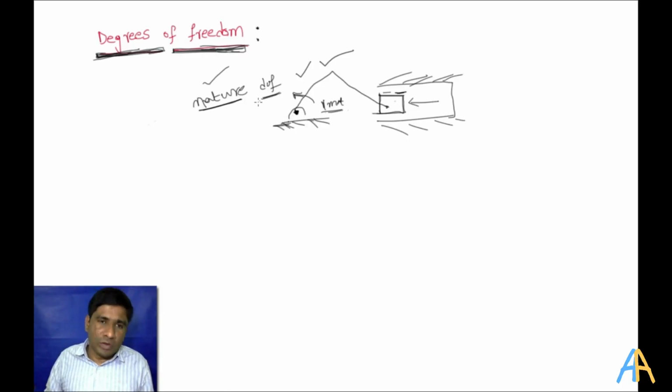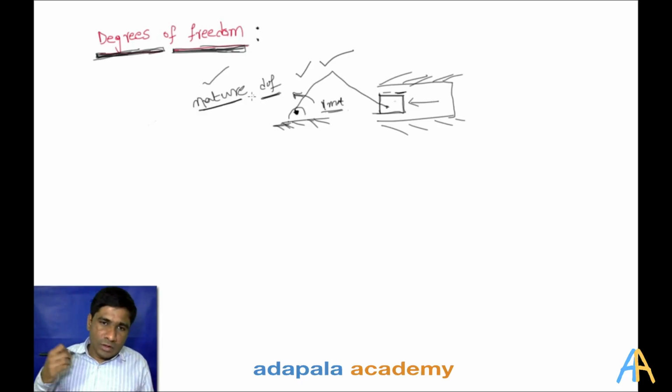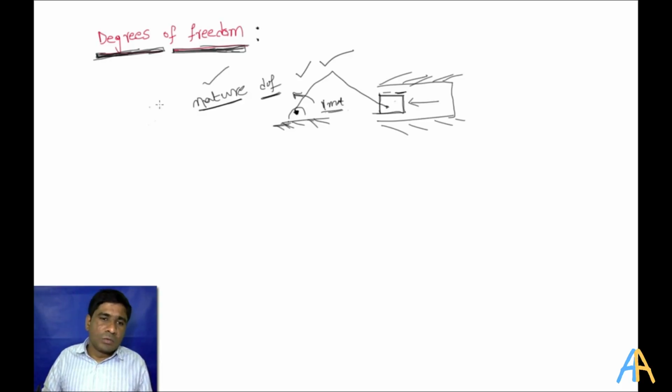translational or rotational. So in this present chapter, most of the mechanisms that we consider are in the plane, or planar. In the planar case, we can easily identify the nature of the degree of freedom. But if we consider the same mechanisms in space, then it's very difficult to find out the nature of degree of freedom by using this simple formula that we are going to derive in this session.